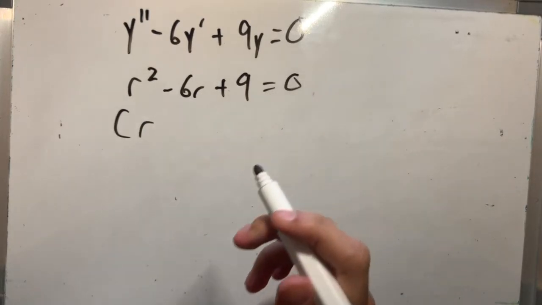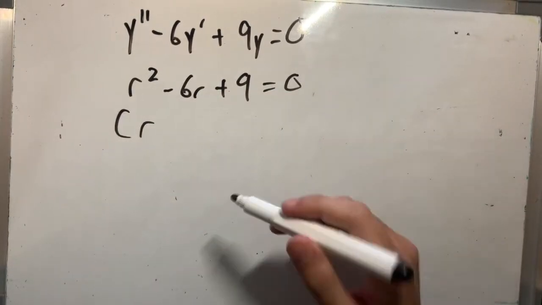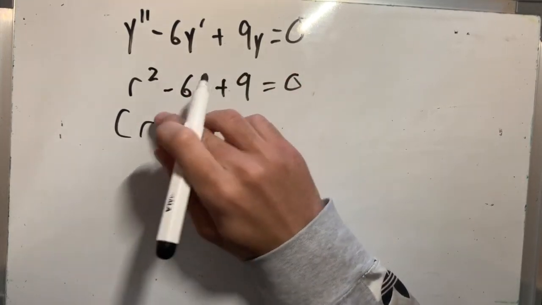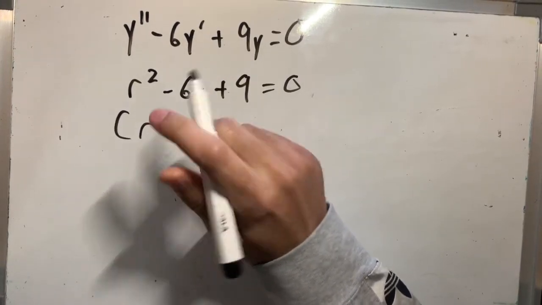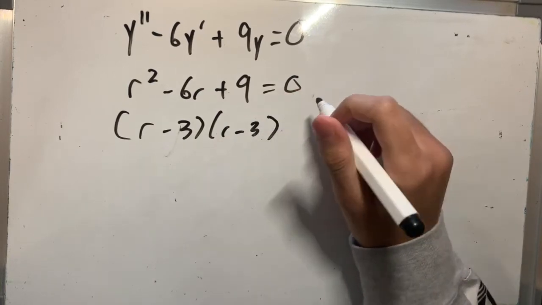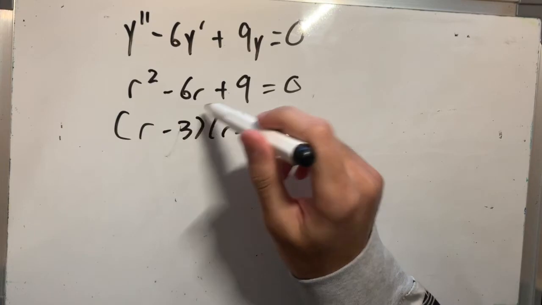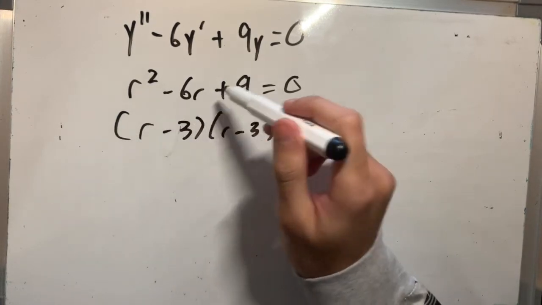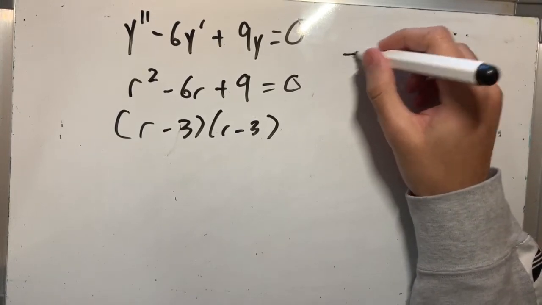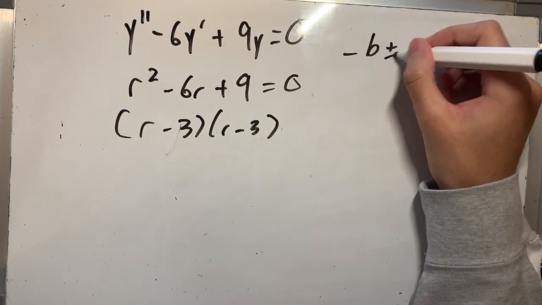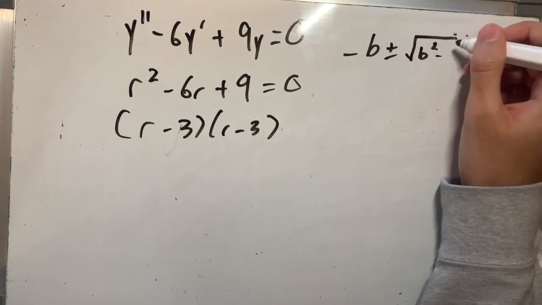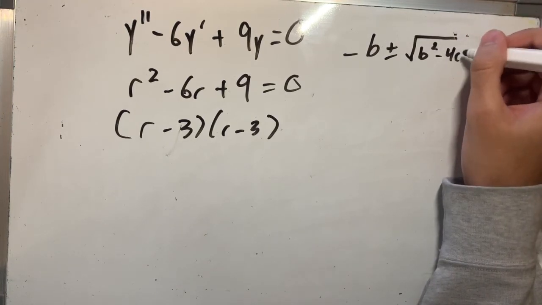You can use factoring like this, or the best method would always be the quadratic formula. We know it's going to be r minus 3, r minus 3, because if you do this, r squared minus 3r minus 3r plus 9. But obviously the best method would always be the quadratic formula, which is negative b plus or minus the square root of b squared minus 4c, over 2.